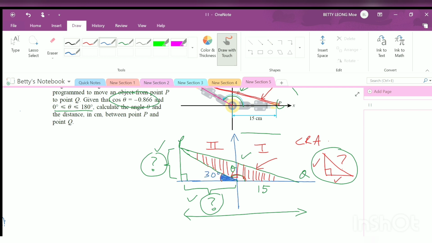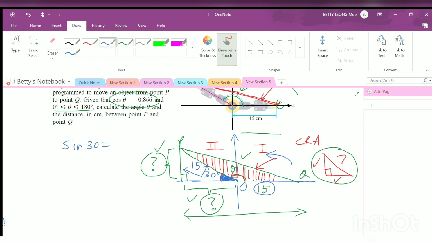And one thing, this arm will move. So this is actually also 15. Let's say this is O, PO, PO is also 15. Okay, so with one of the sides known, you can use this formula, sin is opposite over hypotenuse. That means sin 30 equals this one.